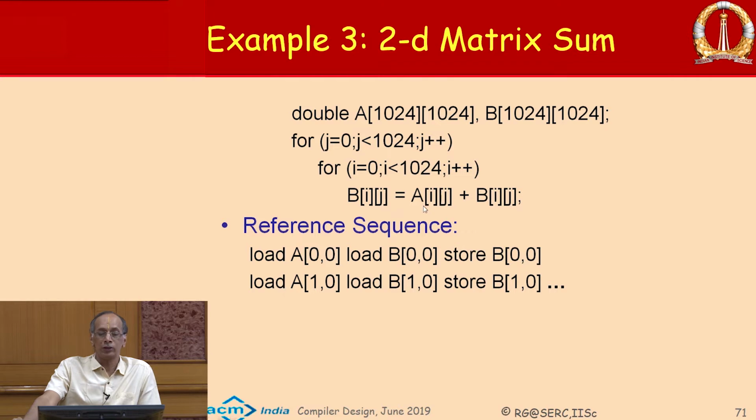And then you have two such arrays, that means 16 megabytes. Definitely it cannot fit in your cache, so you are going to have capacity misses. By the time you come back and access A01, because of capacity misses, those lines would have been thrown out. You can actually work out the details and find out.